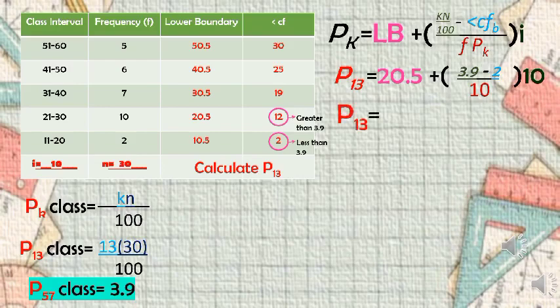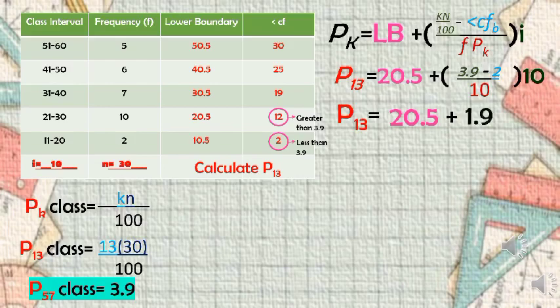Bring down the percentile 13. Bring down also the LB or the lower boundary which is 20.5. Then 3.9 minus 2 is equal to 1.9. Then 1.9 divided by 10 times 10 is equal to 1.9.